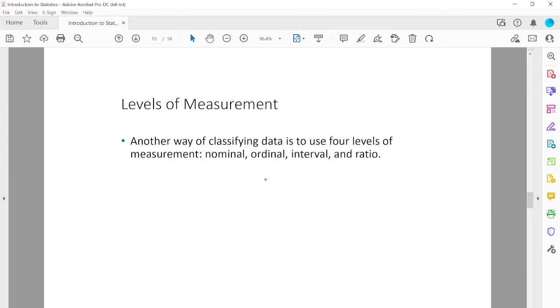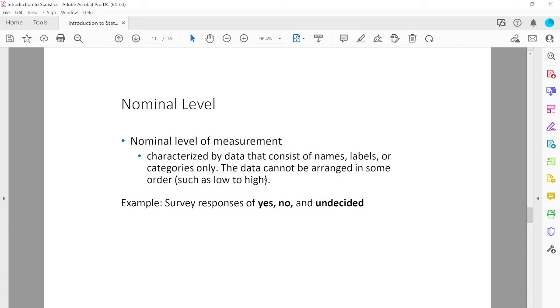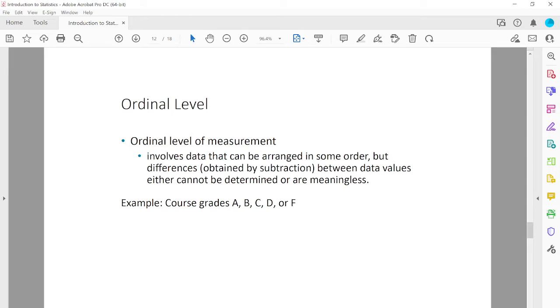And levels of measurement. There are four different levels of measurement. One is called nominal level, which is characterized by data that consists of names. For example, a survey with responses of yes, no, or undecided. That's a nominal level of measurement. Another level is ordinal level, which involves data that can be arranged in some order or category.